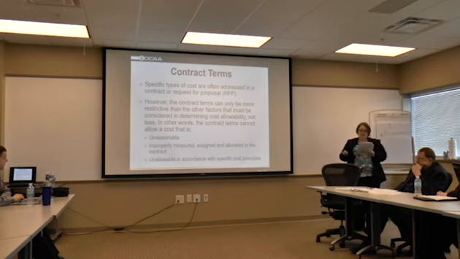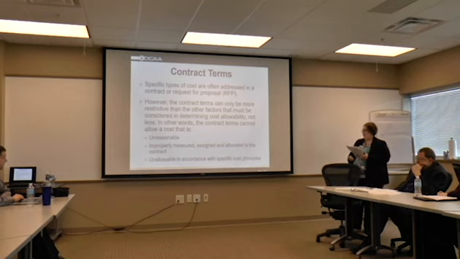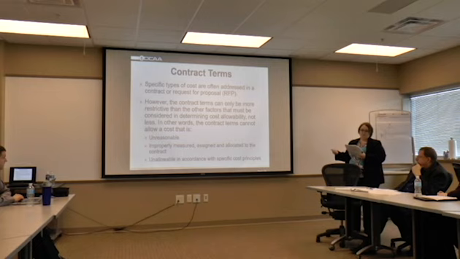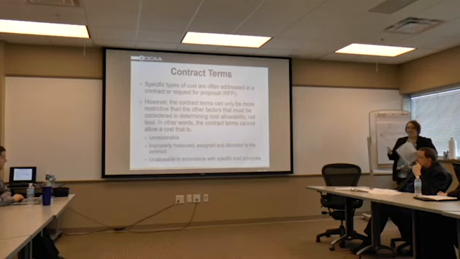In other words, a contract term cannot allow a cost that's unreasonable, improperly measured, assigned and allocated to the contract, or unallowable in accordance with the specific cost principles. So a contract term couldn't allow something that FAR Part 31.205 says is unallowable.